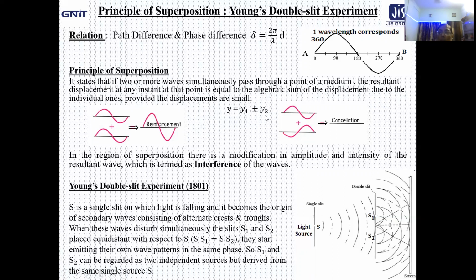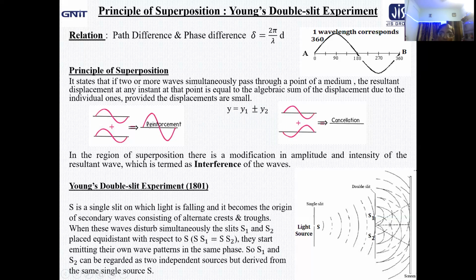So y1 and y2 are the displacements which a particle suffers due to waves 1 and 2 individually. Now, if both the waves are present simultaneously to disturb that particle for the same time t, what about its resultant displacement? That is given by y equal to y1 plus or minus y2. That means the algebraic sum of the displacements due to the individual waves.